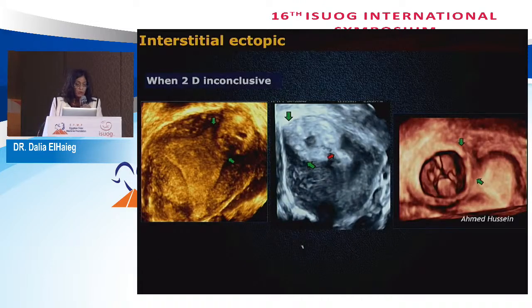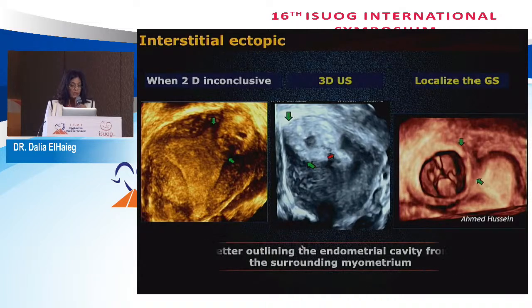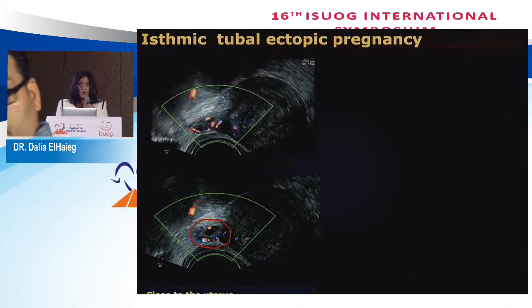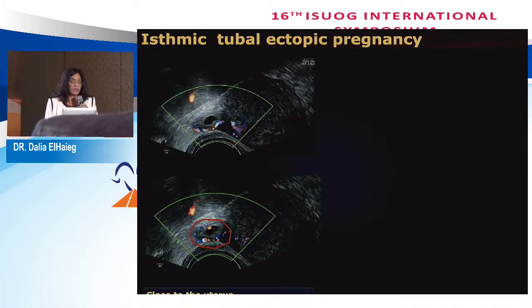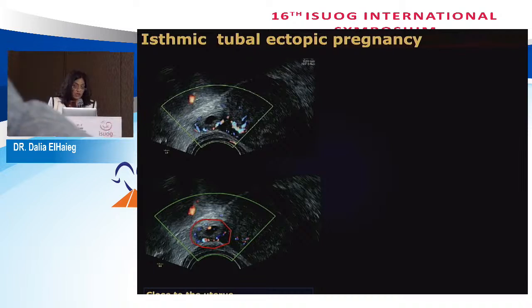When 2D is inconclusive, we can use 3D ultrasound because it offers better outlining of the cavity from the surrounding myometrium. As you can see here, there is a thin layer of myometrium between the cavity and the gestational sac. We need to differentiate it from isthmic tubal ectopic pregnancy, which is adherent to the uterus or very proximate to the uterus, but is not surrounded by myometrium.